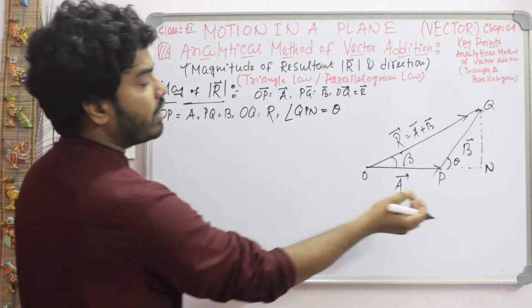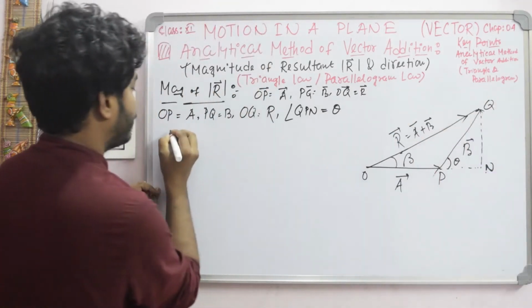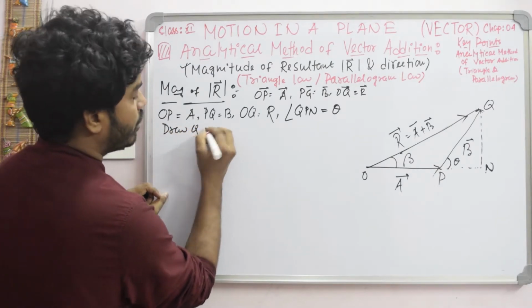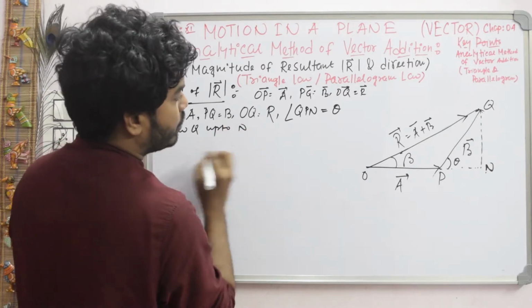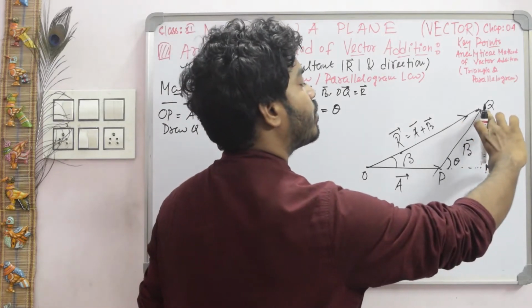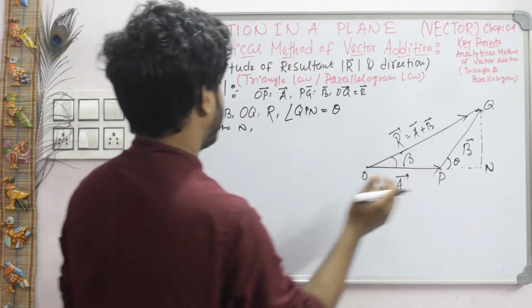Now define this extended part. Draw Q up to N. First of all you have to find the value of QN and the value of PN. So write it down first.